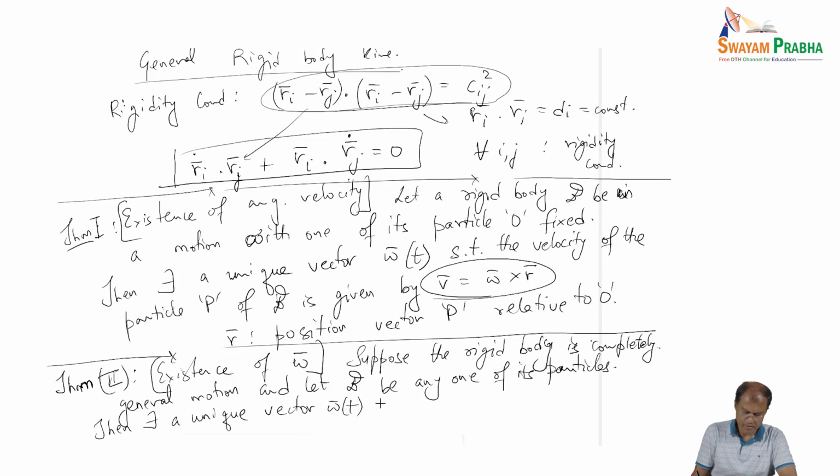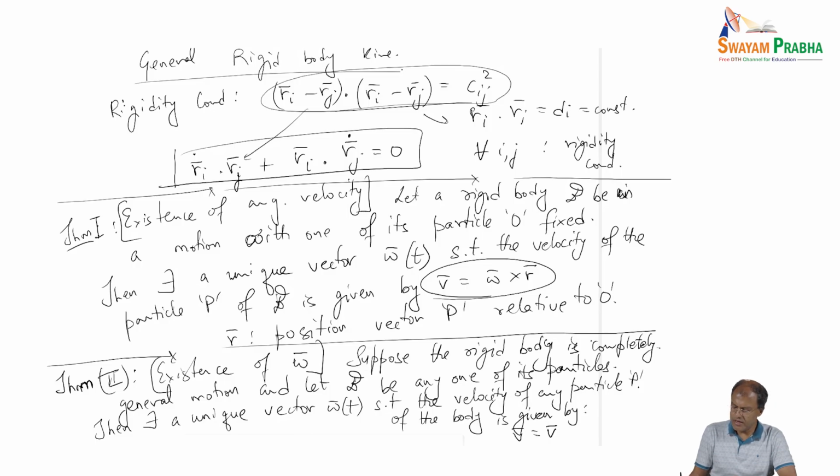omega of t such that the velocity of any particle P of the body is given by v, which is v translational of the point b. Let me just rewrite this curly b as simple b.